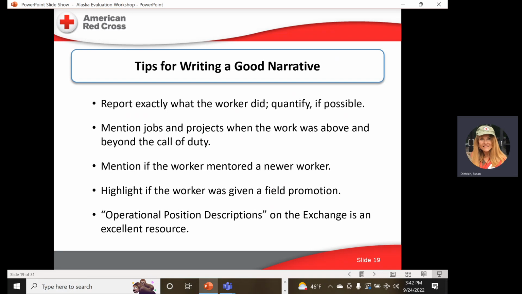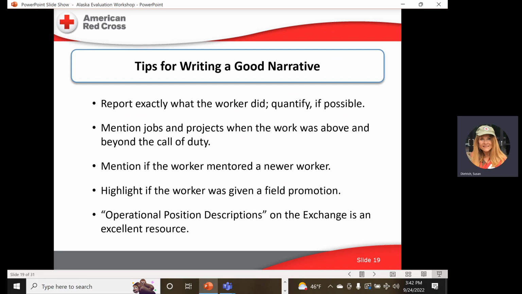This doesn't have to be a formal mentorship, just somebody who took a new volunteer under their wing. That's important in many ways, particularly in leadership development. We want to know which people are going to help other people rise in the field.